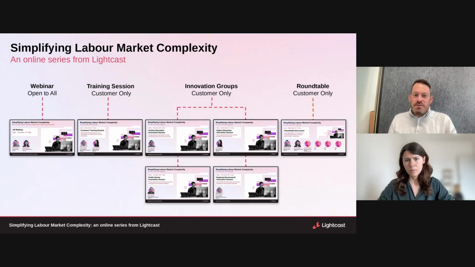Those innovation groups are a great way of sharing customer case studies, stories, and exemplars that are more sector specific.